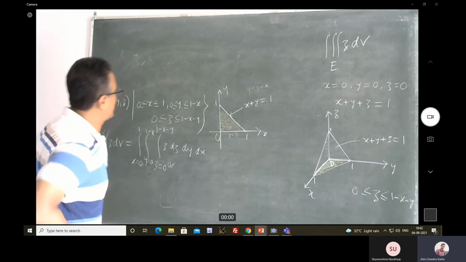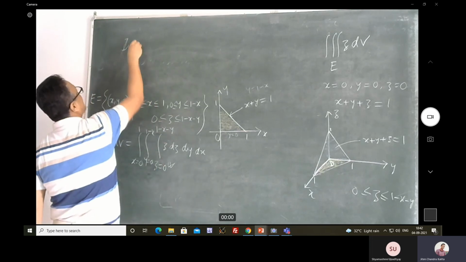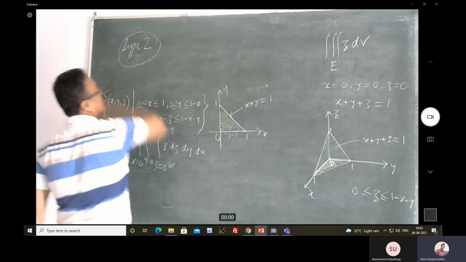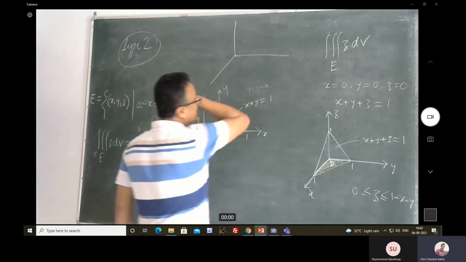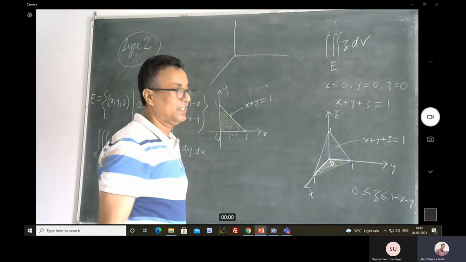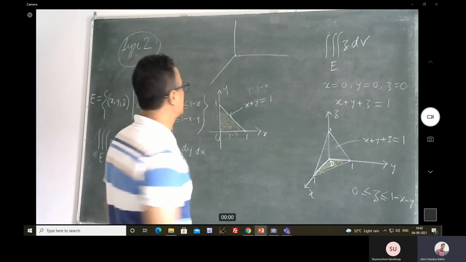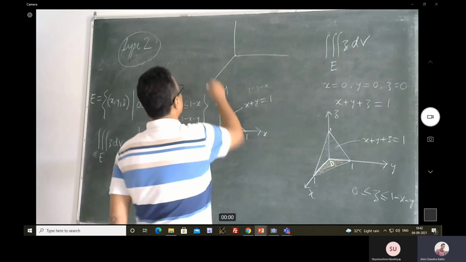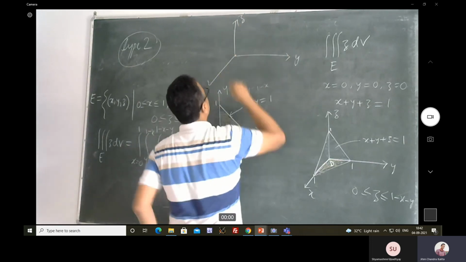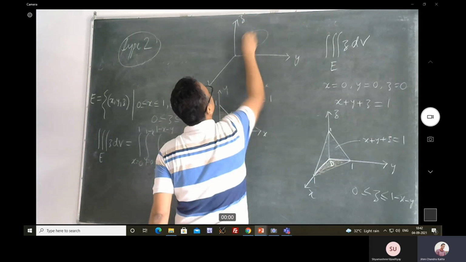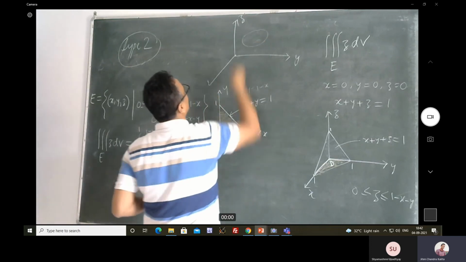Likewise, if I consider a type 2 region in 3D, first we consider the xy plane for D. Now I am going to consider the YZ plane, so your D is going to lie somewhere here.